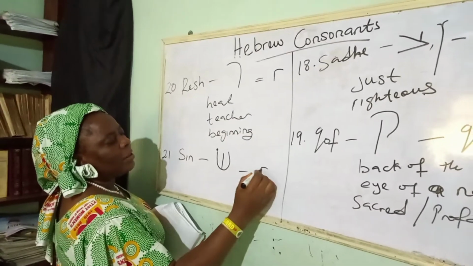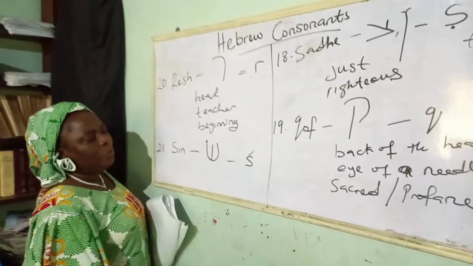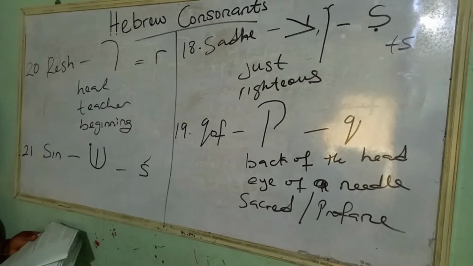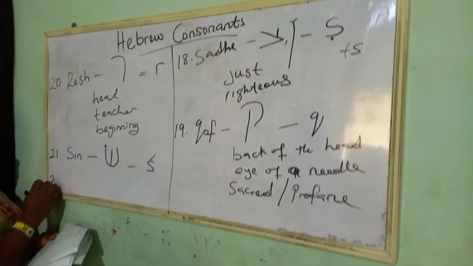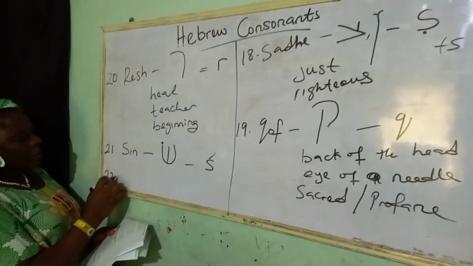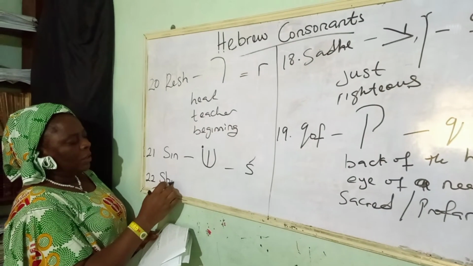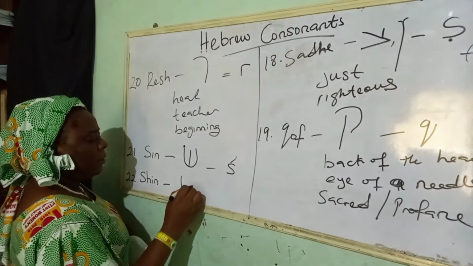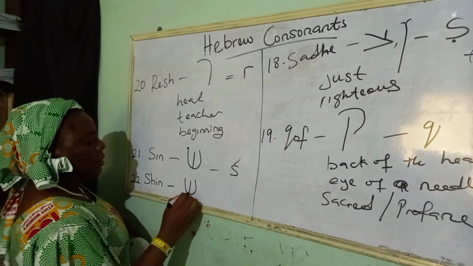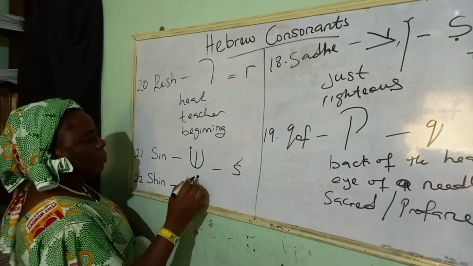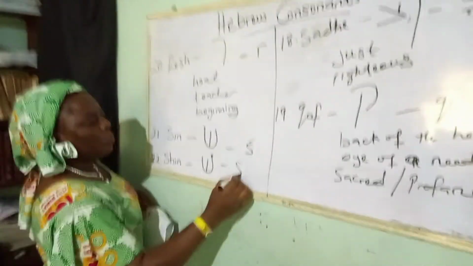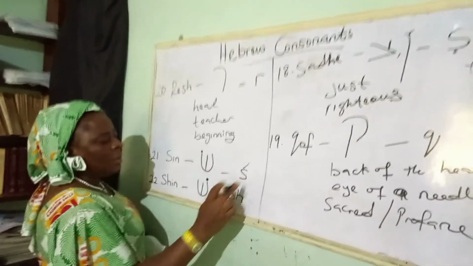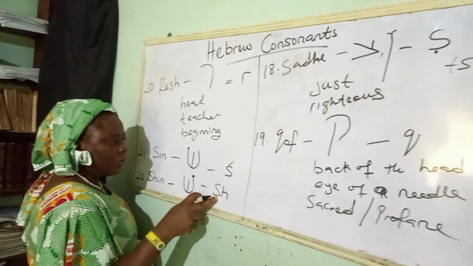It's translated as S and pronounced as S. The second letter that resembles it is Shin. It's written the same way, but with the dot on the other side, and this one is pronounced as sh. Why this is pronounced as s, this is pronounced as sh.